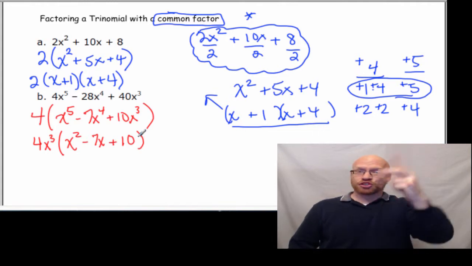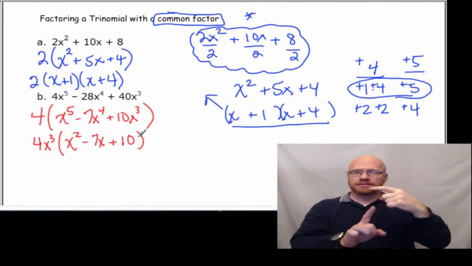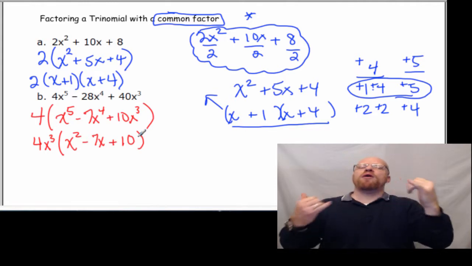So we have 4x cubed times a quantity, x squared minus 7x plus 10.